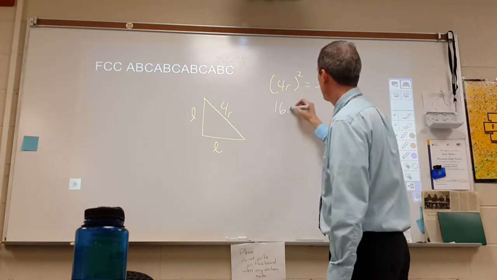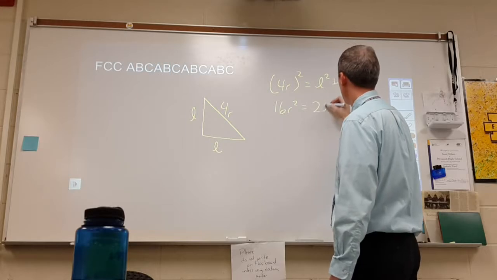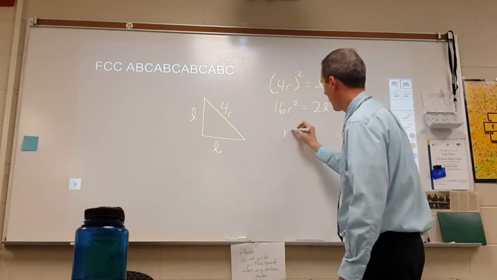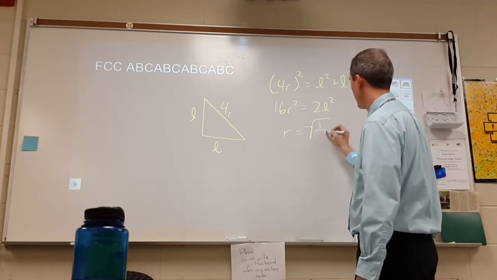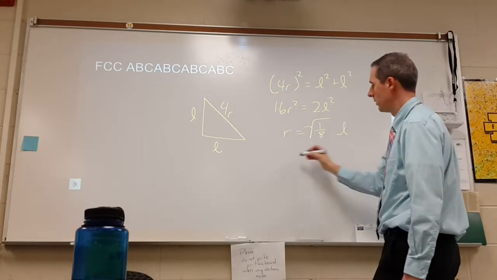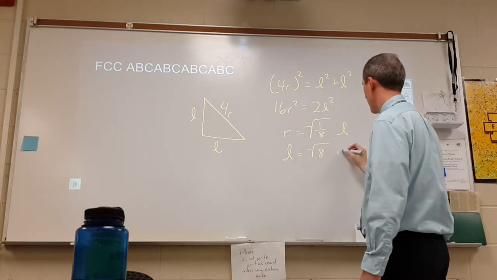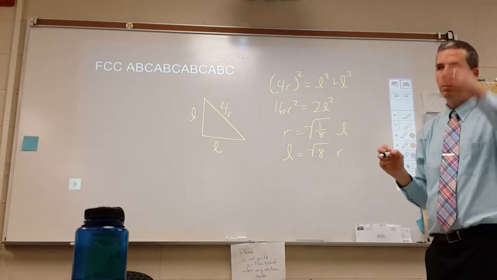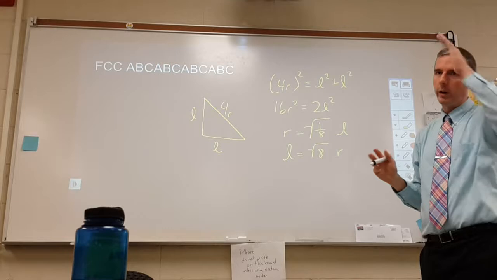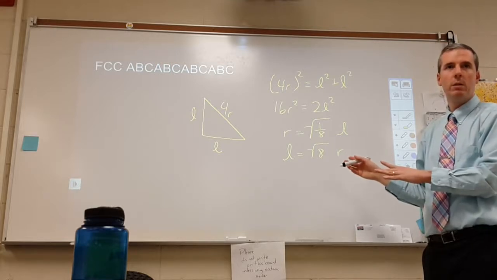And so we get 16 times R squared is equal to 2L squared, which means that R is equal to root of 1 over 8 times L. And then the reverse of that, L is equal to root of 8 times R. Okay? Does that kind of make sense?